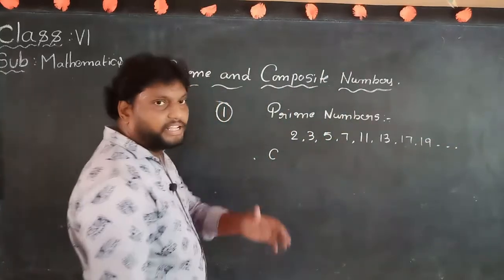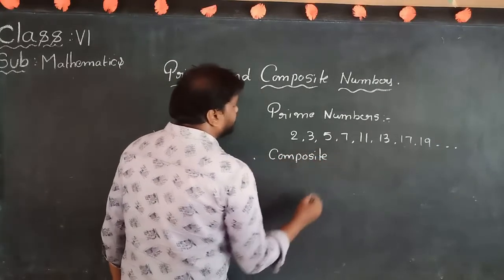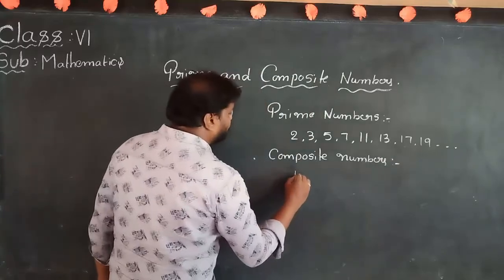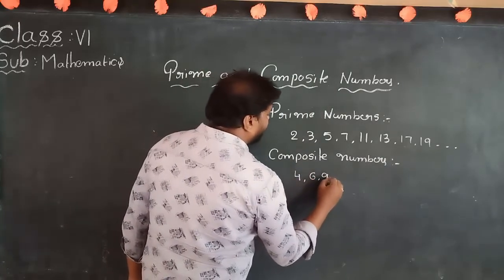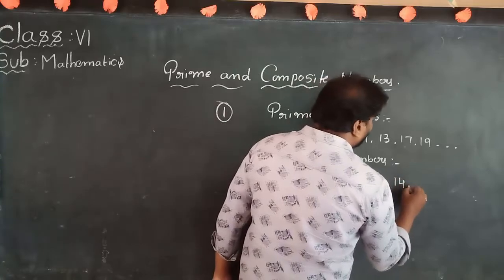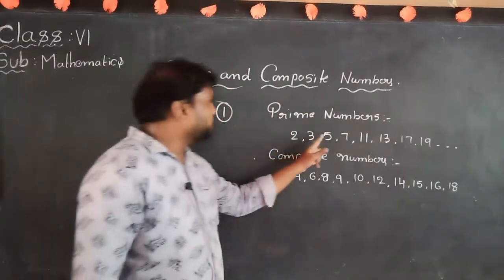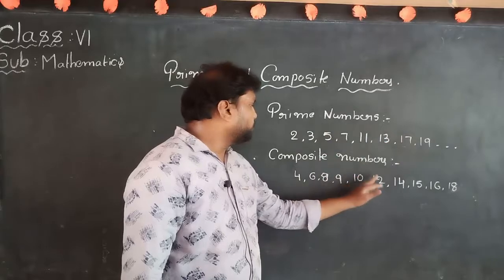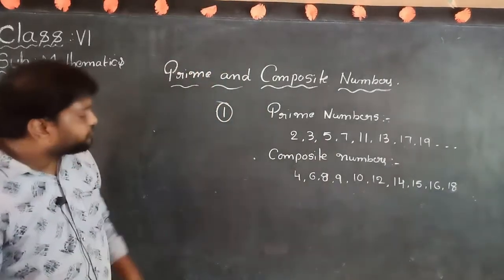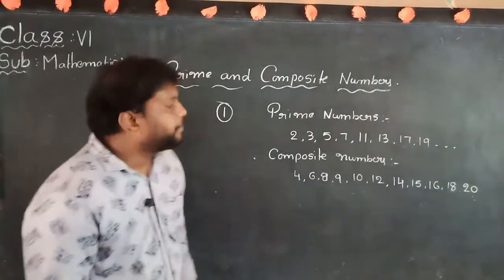Composite numbers, I am taking up to 20: 4, 6, 8, 9, 10, 12, 14, 15, 16, 18. Up to 20 also will come.